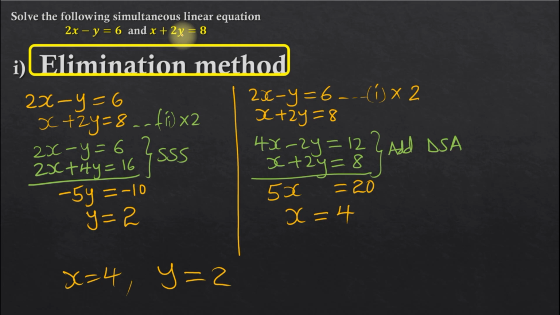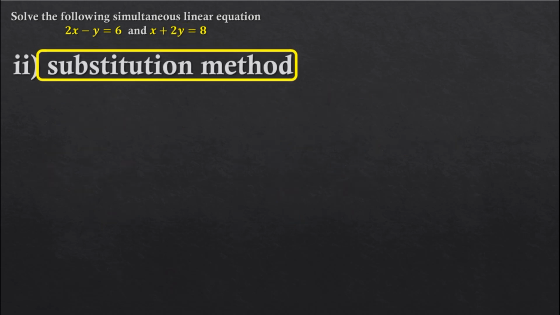So we move to the next method, which is method number 2, the substitution method. For the substitution method, we have the two equations: 2x minus y is equal to 6, and x plus 2y is equal to 8. We have the first equation and the second equation. In the second equation, I can make x the subject of the formula, or write x in terms of y.